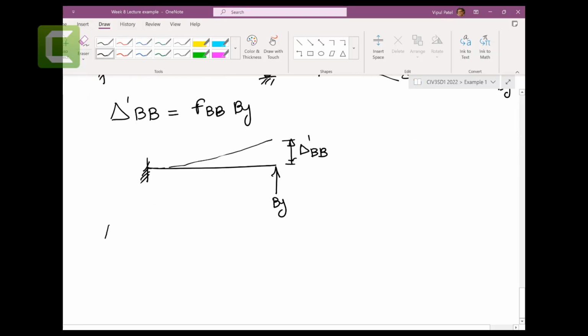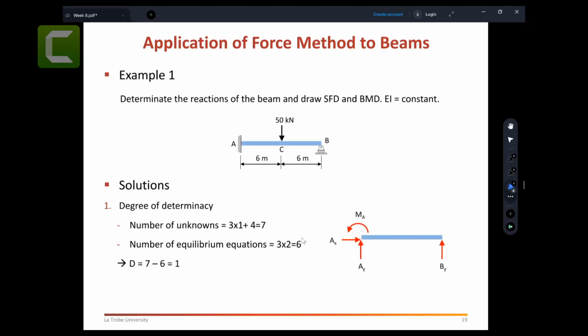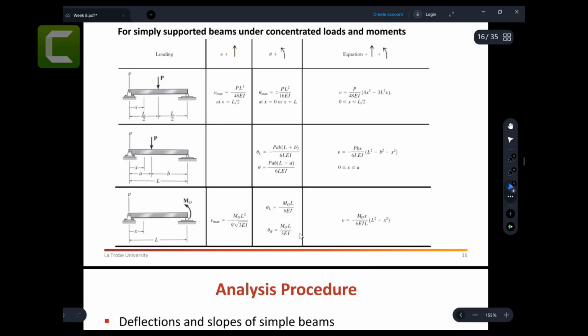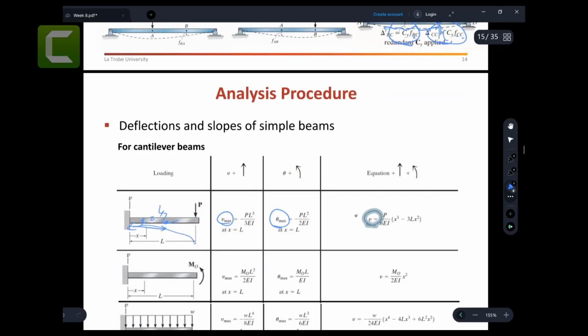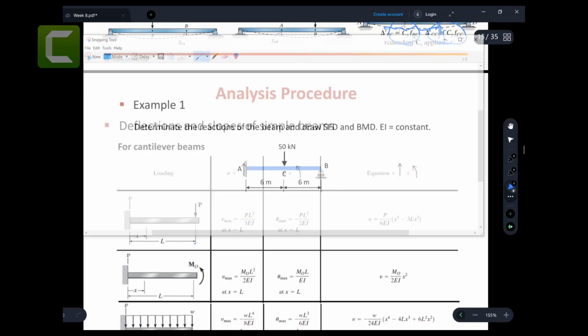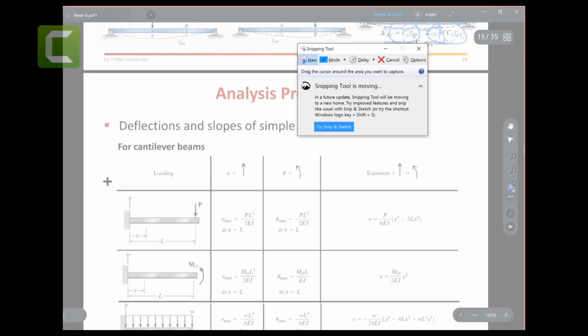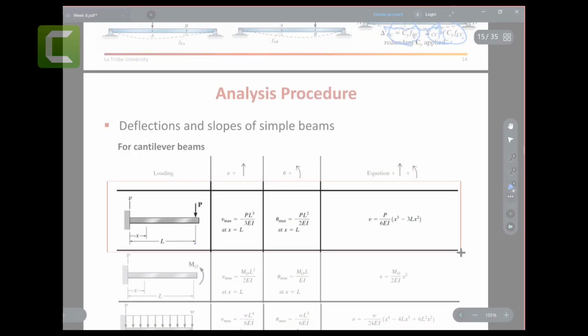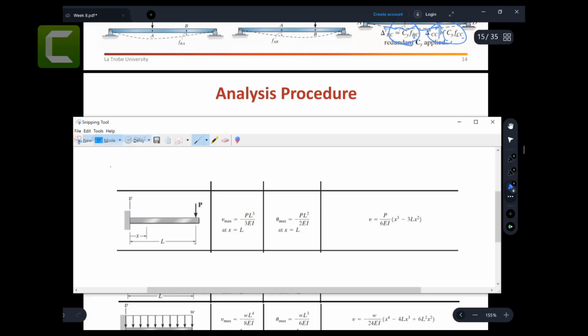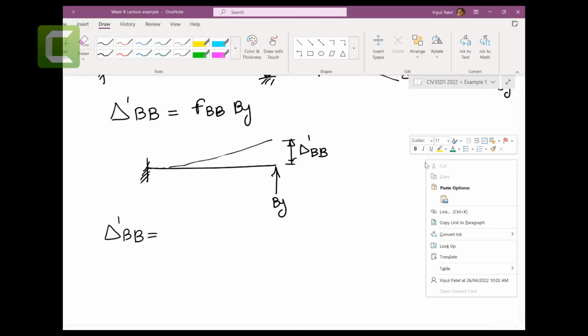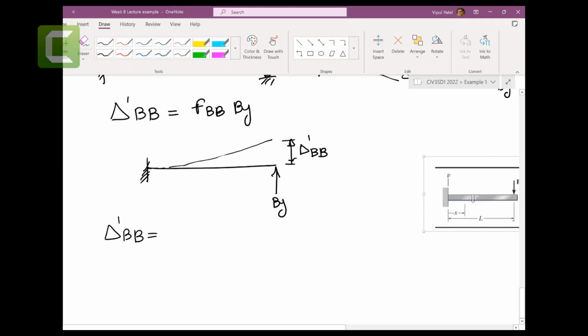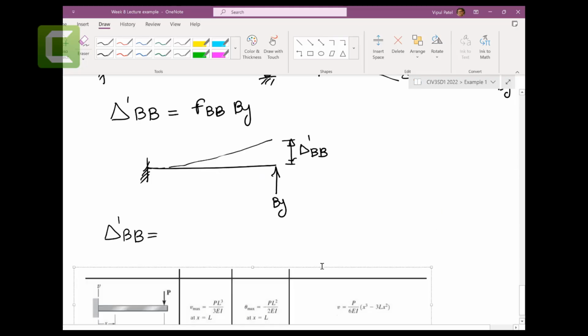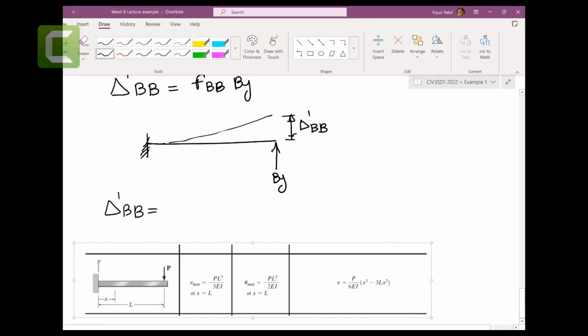Right, so for deflection delta BB dash, we can use our lecture notes. You remember that I gave you the table. Table is here. So let's take this cantilever. Again, you can use virtual work methods to calculate it if you can't use these tables. Now in these tables, you can see P is your By.